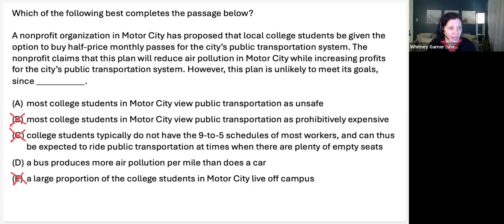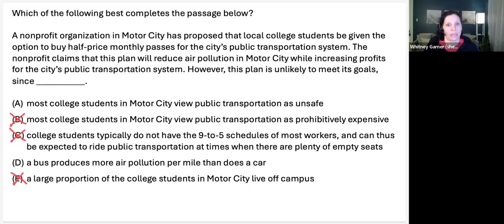Like, I think it's unsafe. So you can make it free for all I care. The reason I don't ride it is because it's scary. And so that would certainly be a fact that would explain why this plan is likely to fail. Because they're not going to get students to buy these half price monthly passes. Okay, A makes a good argument.